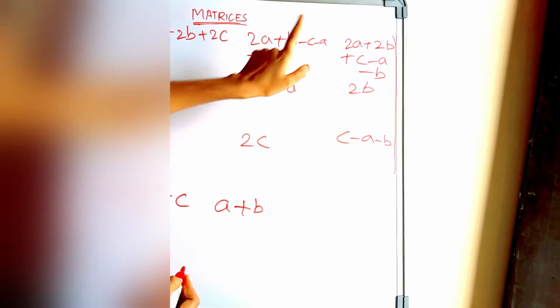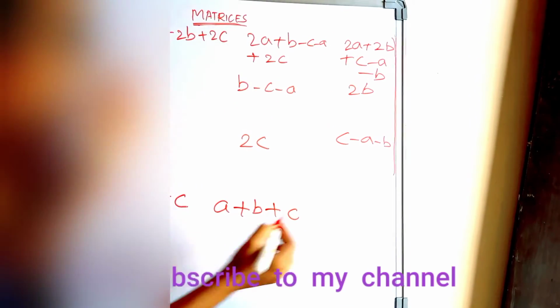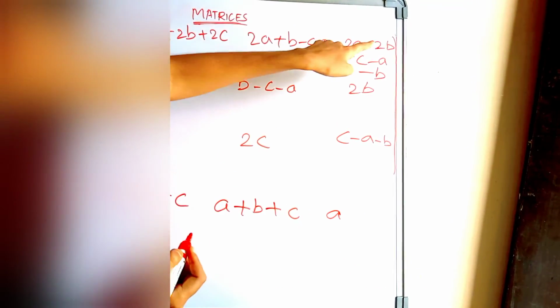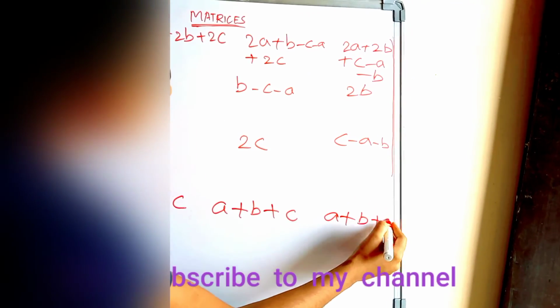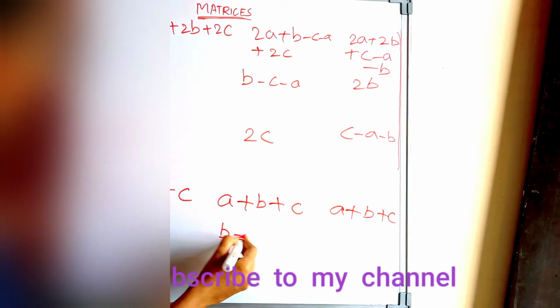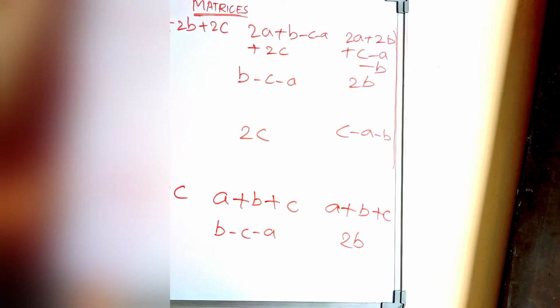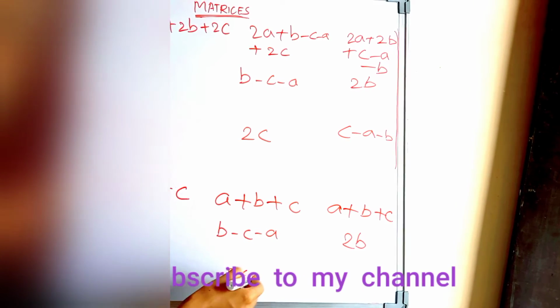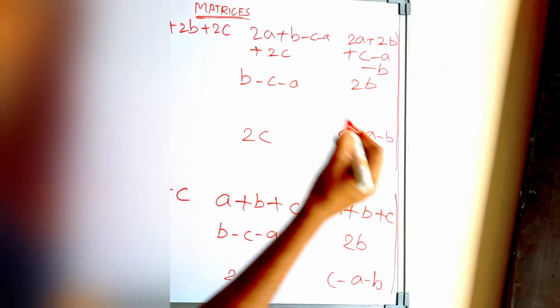Next minus C plus 2C plus C. 2A minus A plus 2B minus B. C is the single term. 2B, C minus A, 2B, 2C, 2C, C minus A minus B.